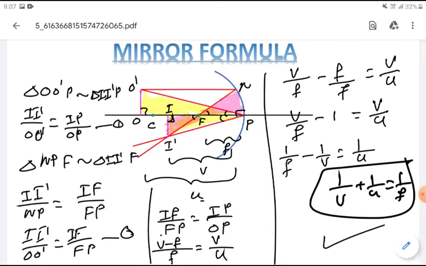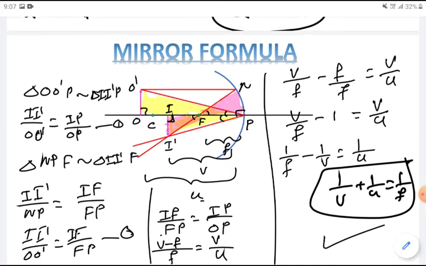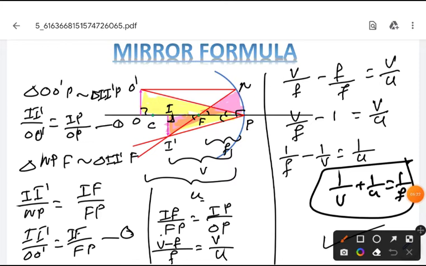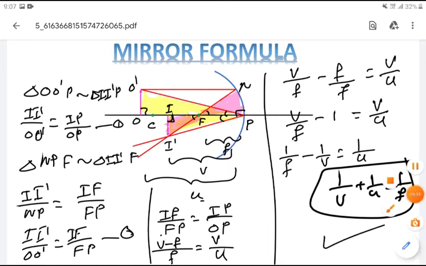Here only two rays I took, and we have to consider two sets of triangles.